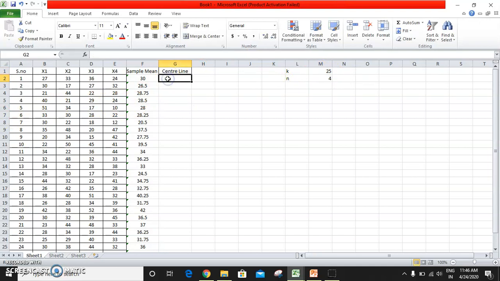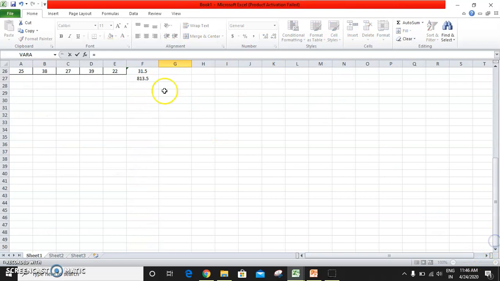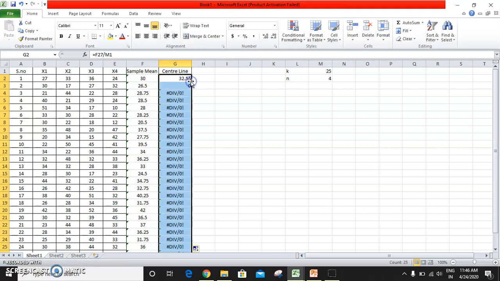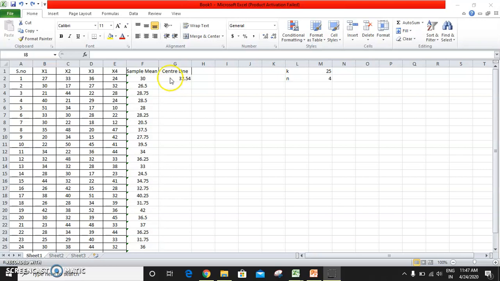To find the central line, or X double bar, first we need to take the sum of all the sample means that we have calculated and divide it by the K value, the total number of samples we have. So this is how you calculated the value of the central line.